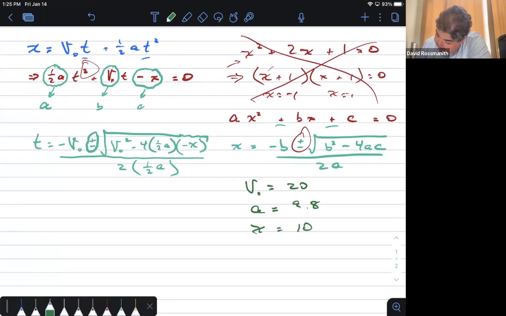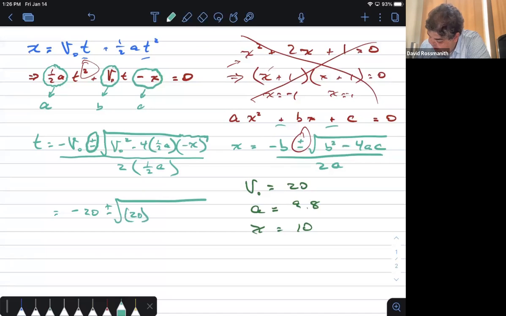So what I would do is plug them in. Minus v naught is minus 20, plus or minus the square root of 20 squared, minus 4 times 1/2 of a, and a is 9.8, times c, which is minus 10, all divided by 2 times 1/2 of 9.8.